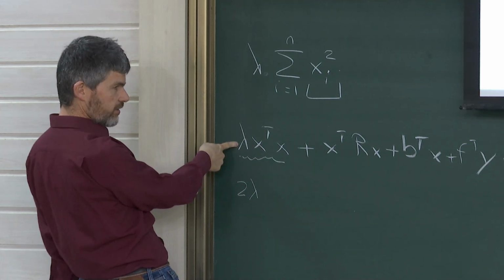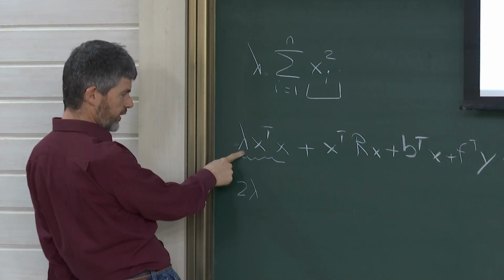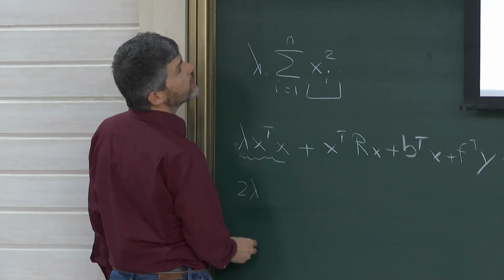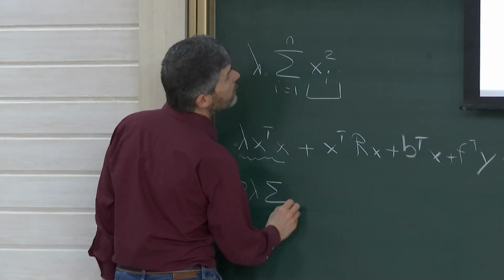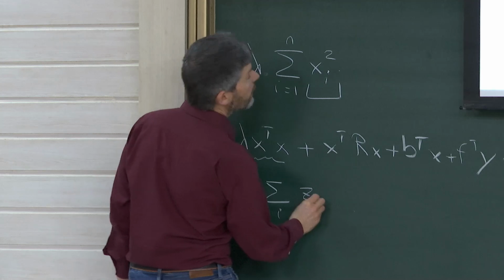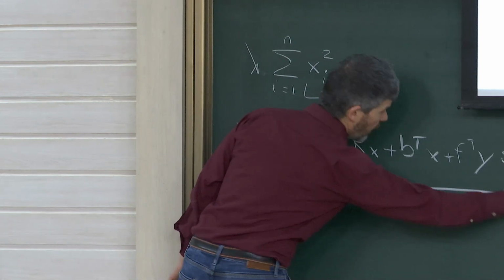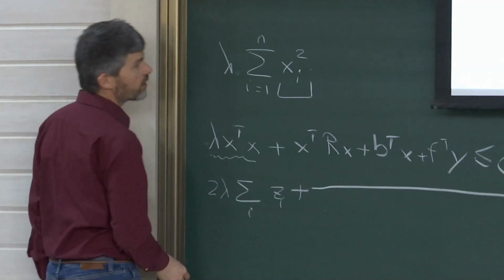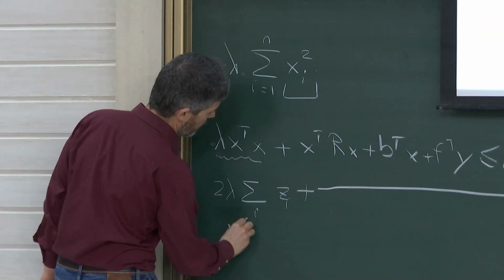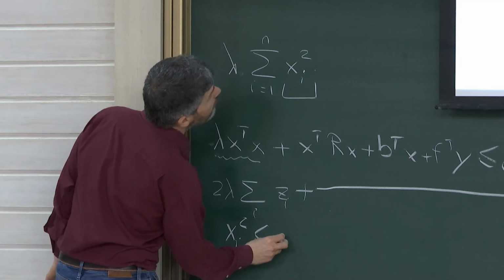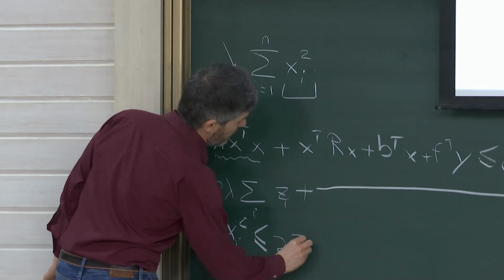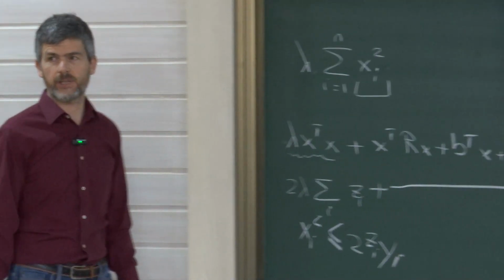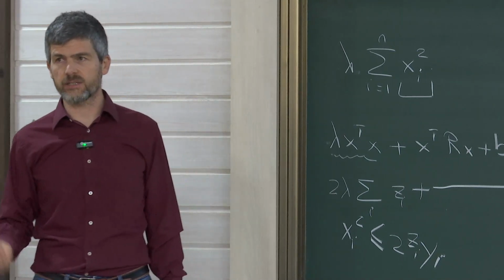So this is actually the original inequality. I forgot to put a lambda in front of this inner product. 2 lambda sum over i of zi plus exactly the same stuff. So I don't even really need to compare the rest. I just need to compare these two terms, knowing that xi squared is less than or equal to 2ziyi, and we can even prove it without the big M constraints.